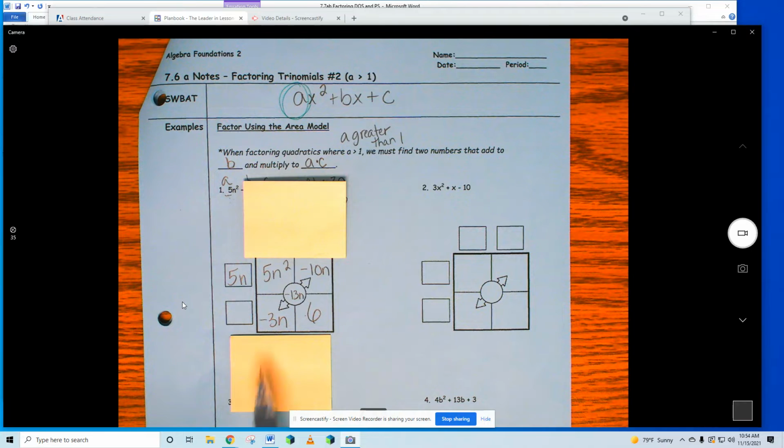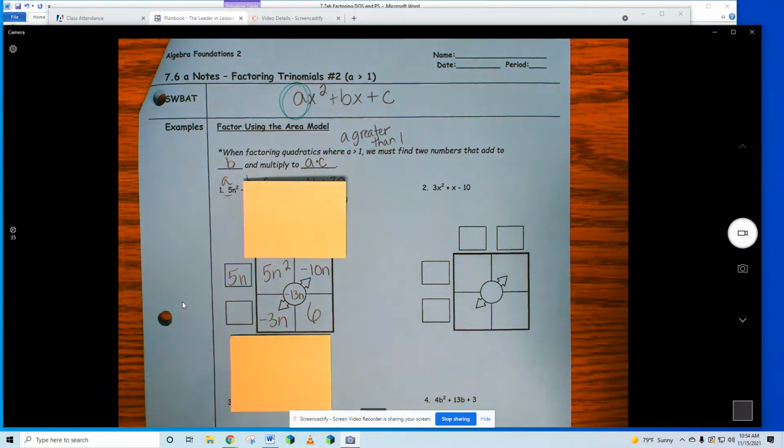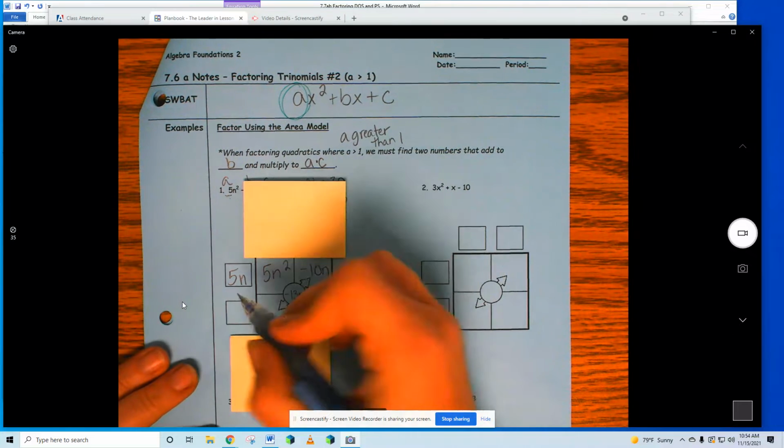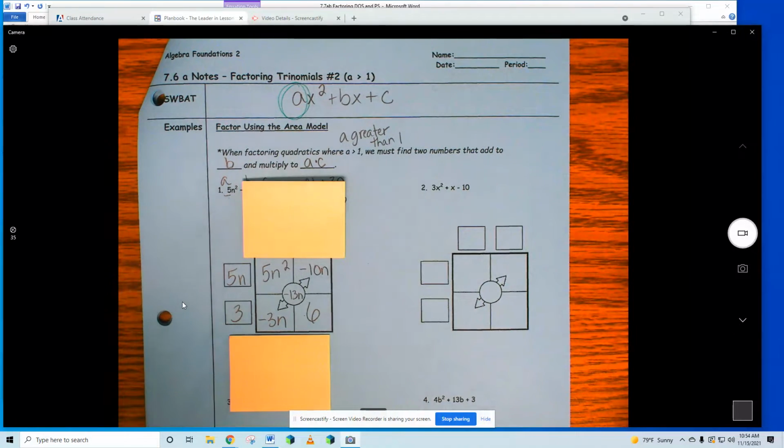What's the common factor of a 3 and a 6? So right now I'm not going to worry about the negative sign yet. I worry about the negatives at the end. 3 is common. Okay, so I finished this parentheses, but I'm not sure whether it's a positive 3 or negative 3 yet.